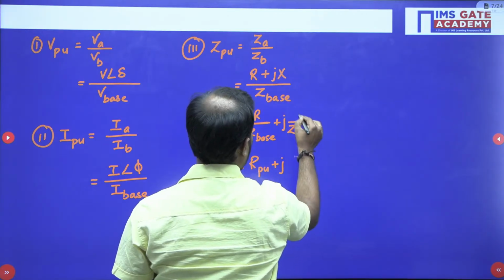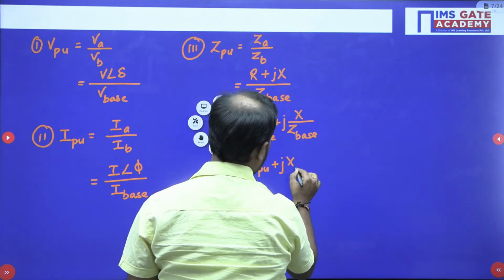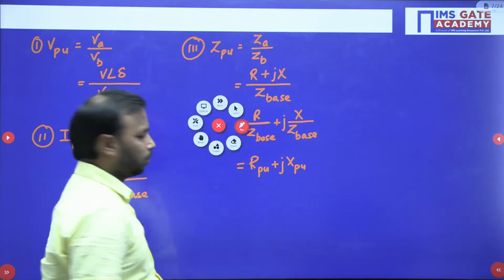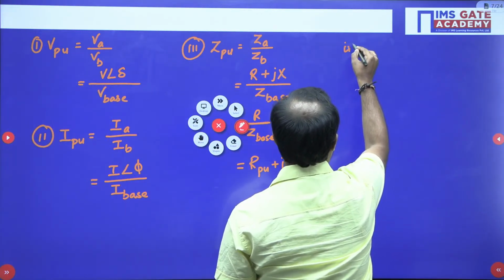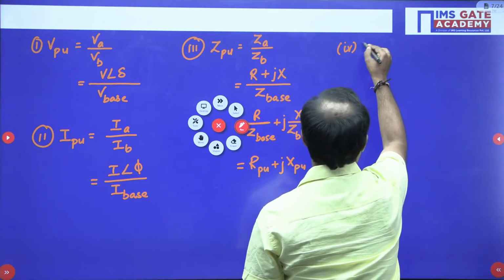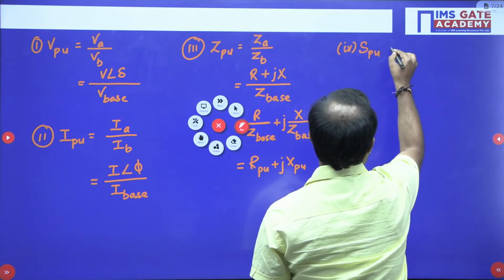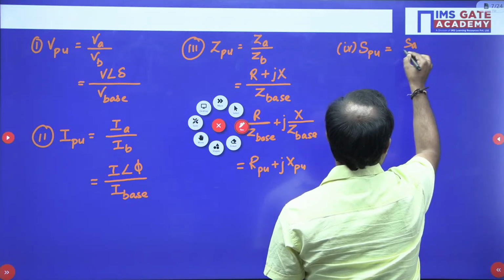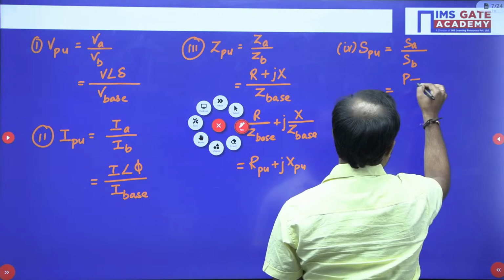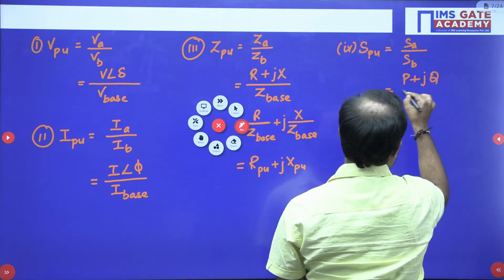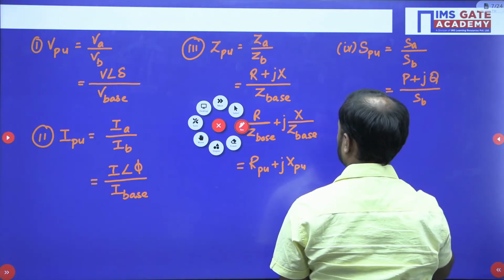So this is reactance, X. So X per unit. Done. And the fourth one, power. So S per unit, which is nothing but actual power divided by base power. What is actual power? P plus jQ, whole divided by S base.